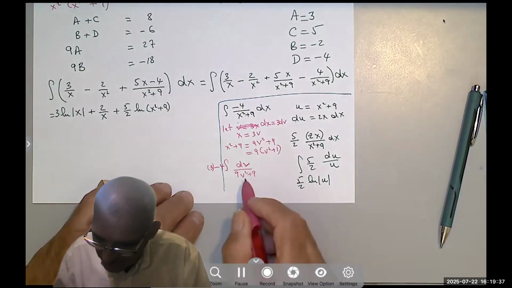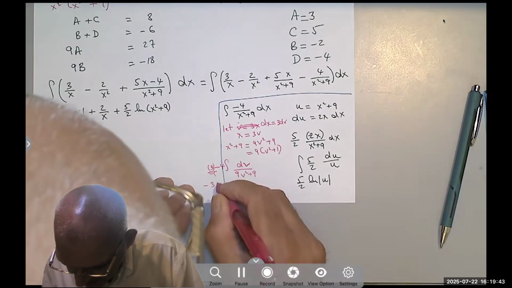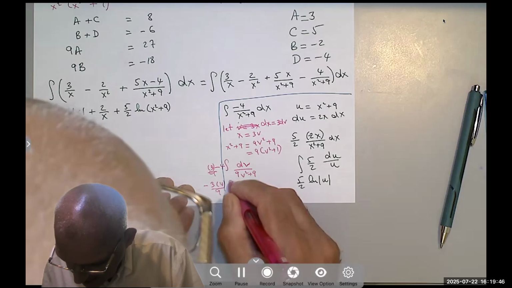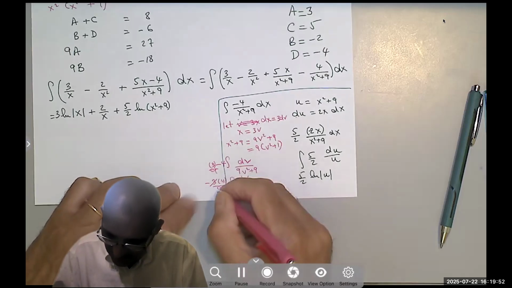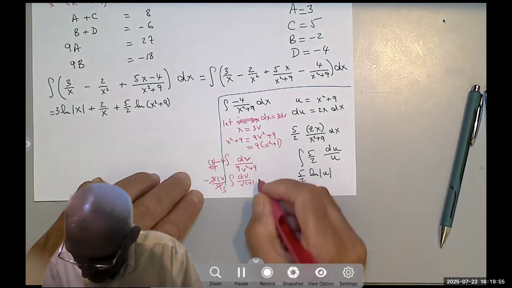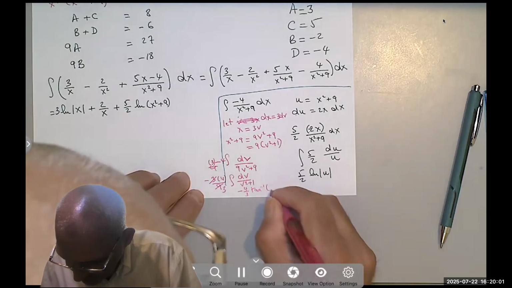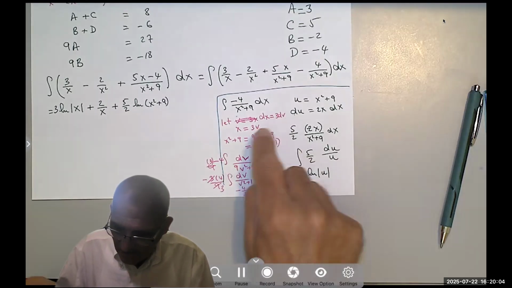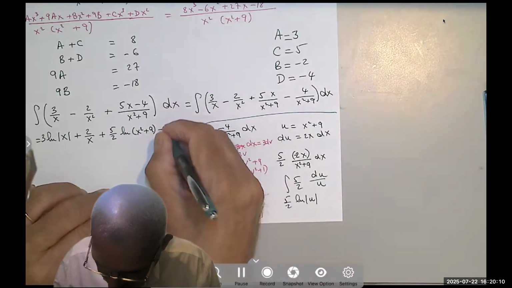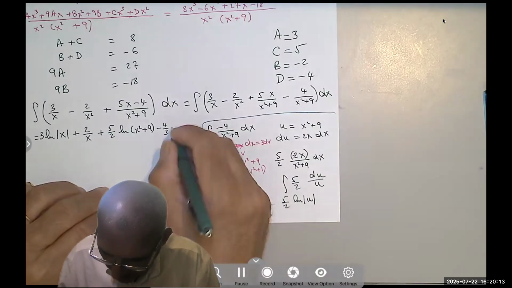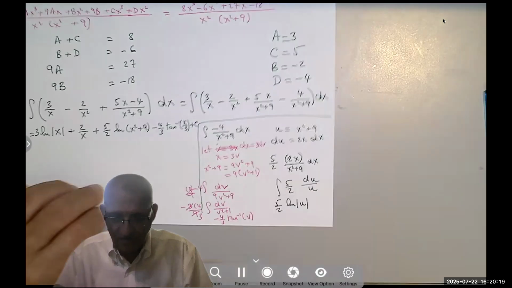I take the 9 out, so that would be 3 times 4 over 9, the integral of dv over v squared plus 1. Notice the 3 and the 9 would make that 3. And that would be negative 4/3 arctan of v. But v is x over 3. So I will get here minus 4/3 arctan x over 3 plus a constant.